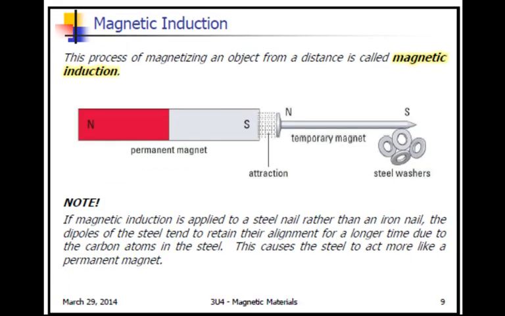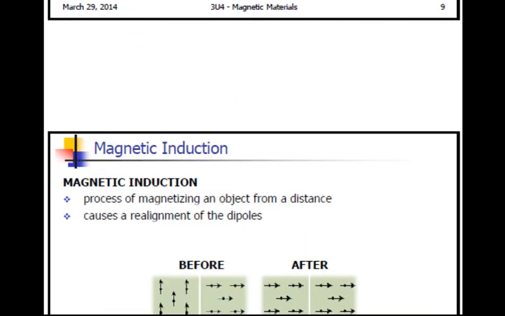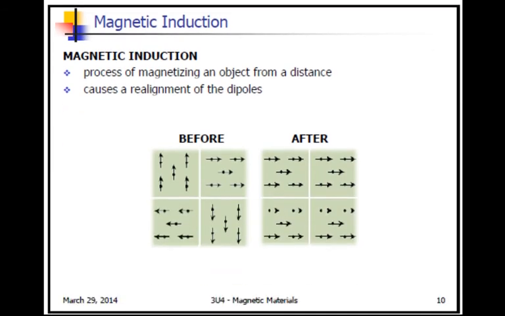This is a process that we call magnetic induction. So we induce a magnetic state into something that is normally not magnetic. So here's magnetic induction, and I'd like you to copy down the image. Before, we have randomly oriented dipoles, and after, we have dipoles oriented in one direction.